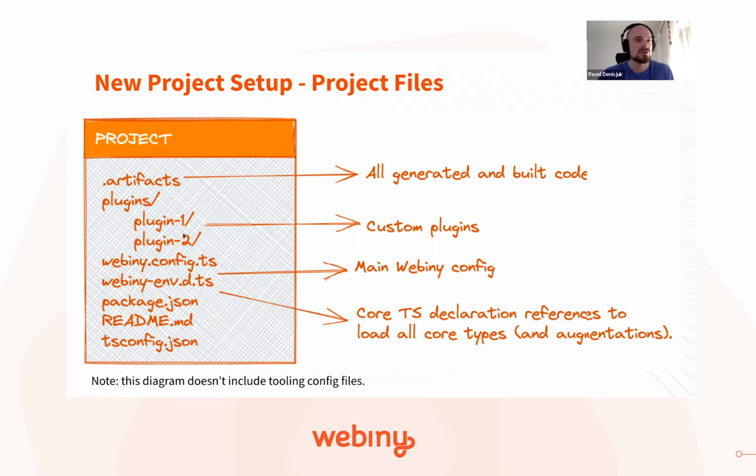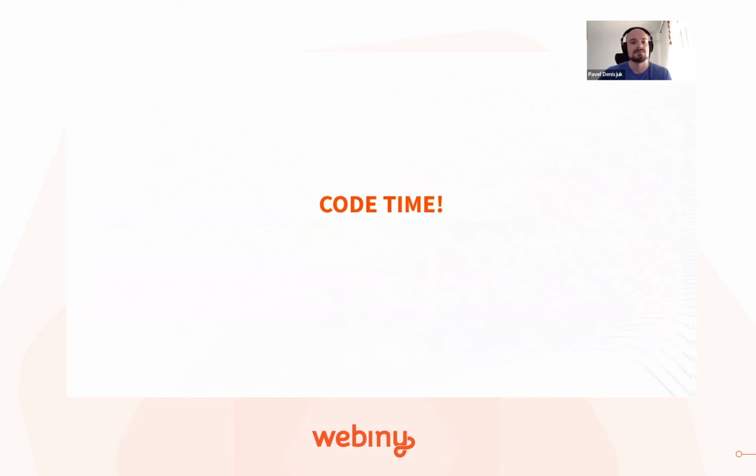And then you stick your plugins in there. And then you have an artifacts folder, which is for all the generated and built code, which you don't need to worry about. It's nothing you have to deal with. It will just be there so we can build and deploy stuff. So with that, I think it's time to look at the code.